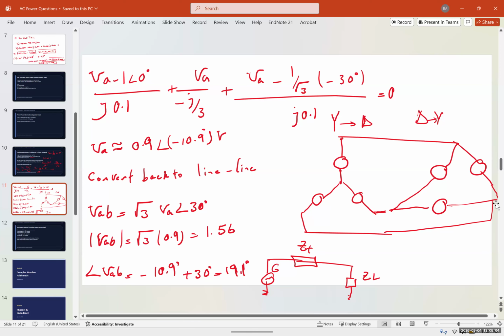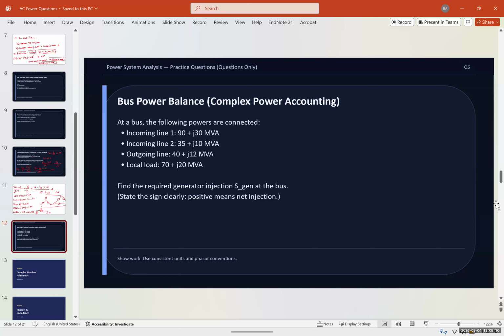Now, we have 10 minutes. I want to solve another one. This is important. It's the bus power balance, complex power accounting. At a bus, the following powers are connected. Incoming line 1 is 90 plus j30 megavolt amps. Incoming line 2 is 35 plus j10 megavolt amps.